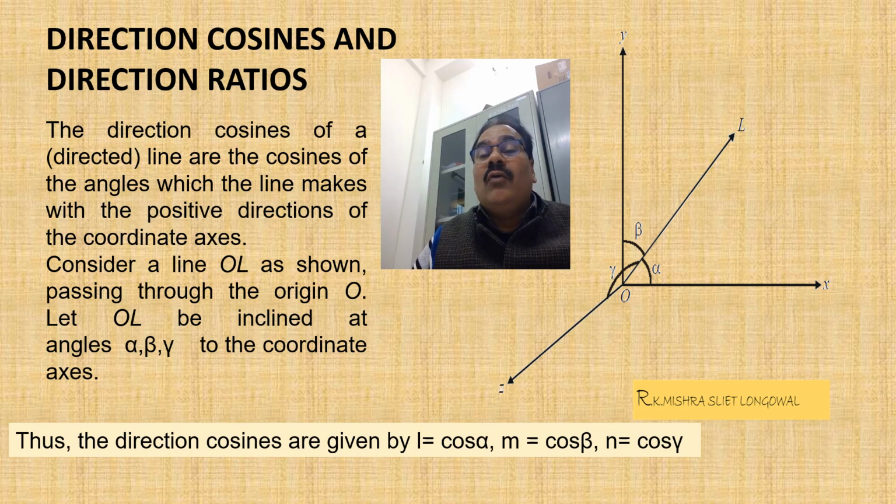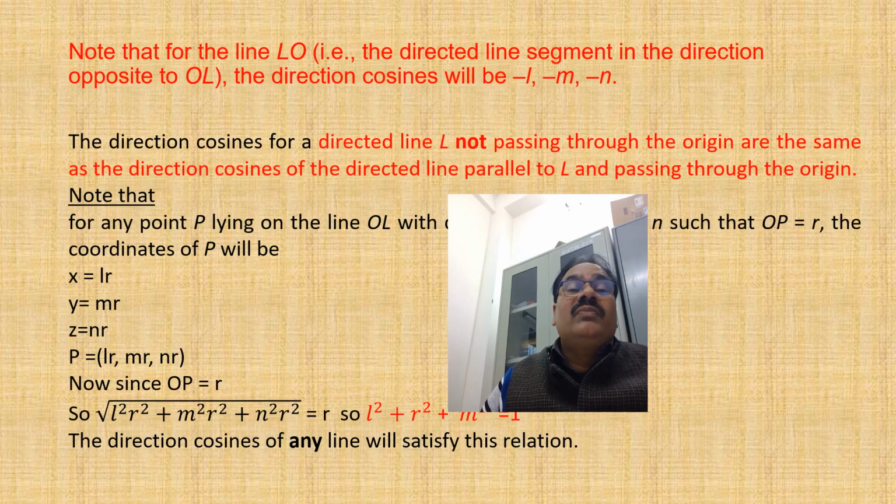If this is the line OL, then it makes angle alpha with the x axis, the y axis makes beta, and the z axis makes gamma. Consider a line OL as shown, passing through the origin O. Let OL be inclined at angles alpha, beta, gamma to the coordinate axes. Then the direction cosines are given by l equals cosine alpha, m equals cosine beta, and n equals cosine gamma.